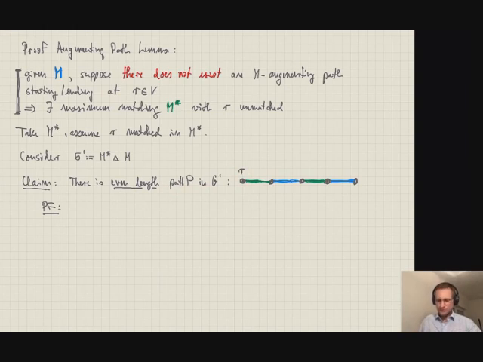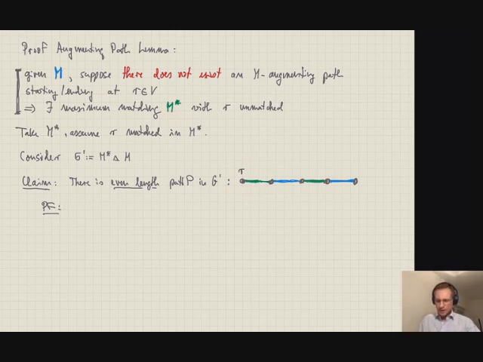So first of all, because this vertex R is actually currently unmatched in M, but it is matched in M star, in the symmetric difference, it will be incident with a green edge. A green edge is from the matching M star.